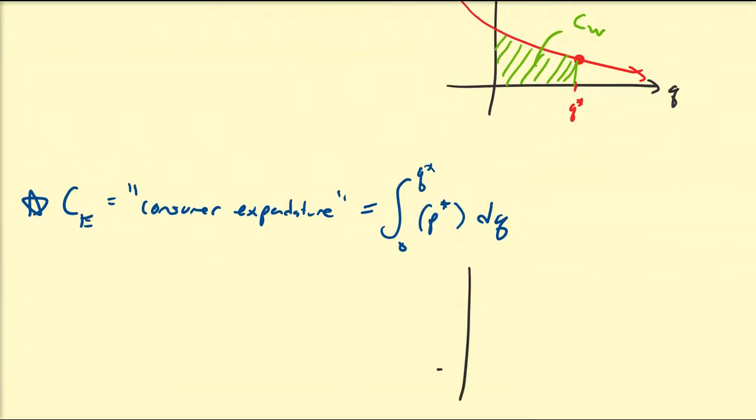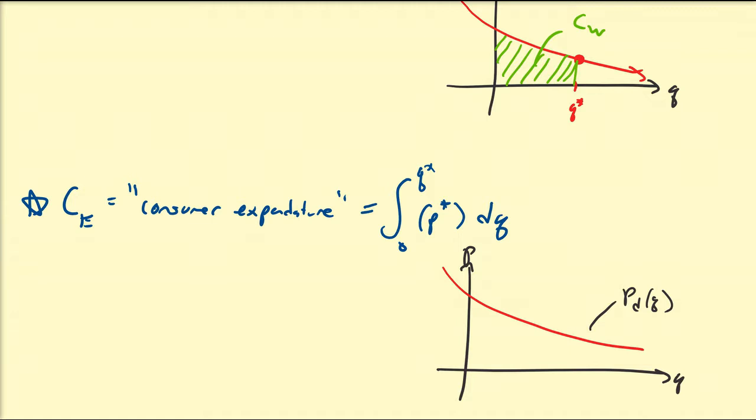Same picture. Let's draw our demand curve. This is going to be Q, this is going to be P, and this is going to be the demand curve with respect to Q. If Q star is here, that means P star is going to be up here.